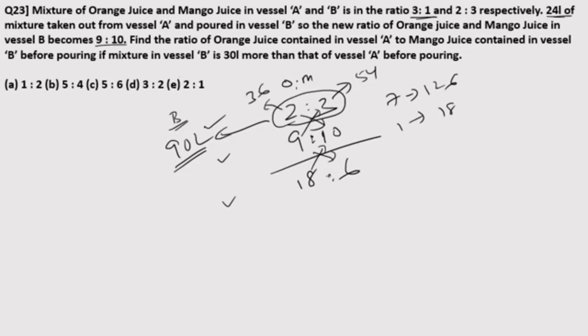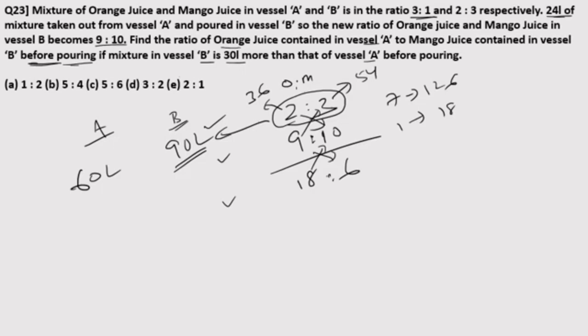Now it is saying find the ratio of orange juice contained in vessel A to mango juice contained in vessel B before pouring. Before pouring, and this is important, if the mixture of vessel B is 30 liters more than vessel A, this is 30 liters more, means vessel A has to be 60 liters.